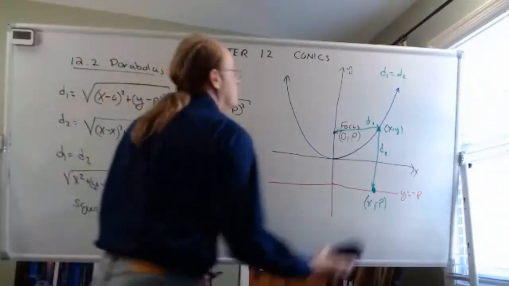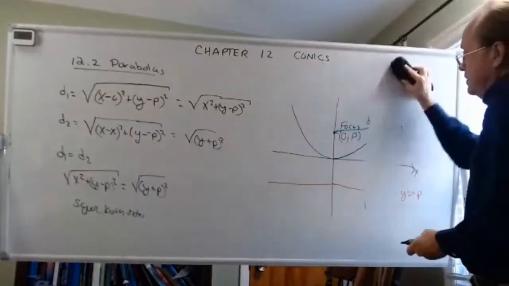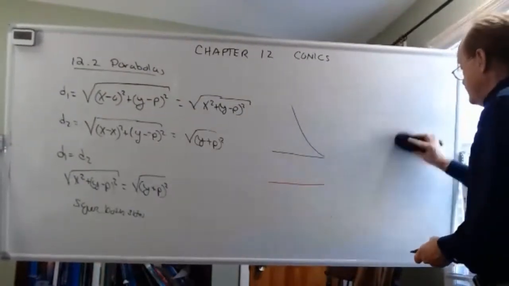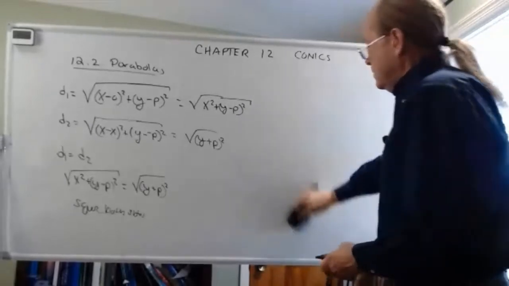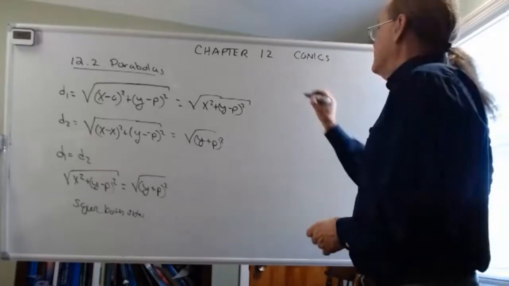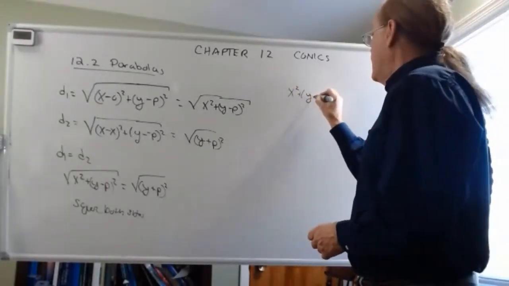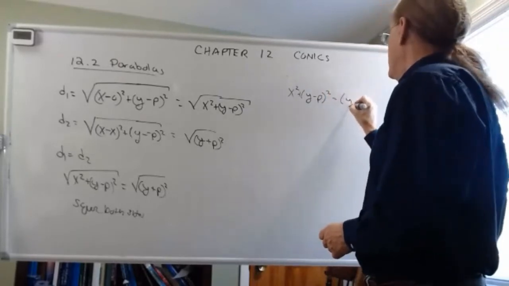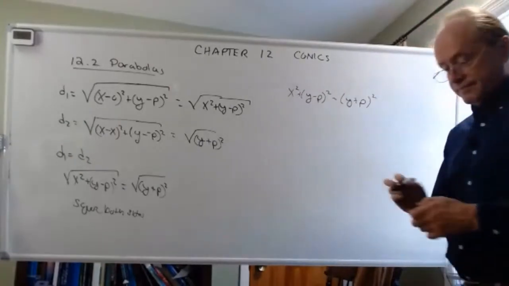That will give me the new algebraic expression. But if the distance is equal, then the square of the distances have to be equal as well. Just going to allow me to get rid of those radicals so I can actually manipulate it better algebraically. So what do I have? I now have on the left-hand side x squared plus y minus p squared is equal to y plus p quantity squared.